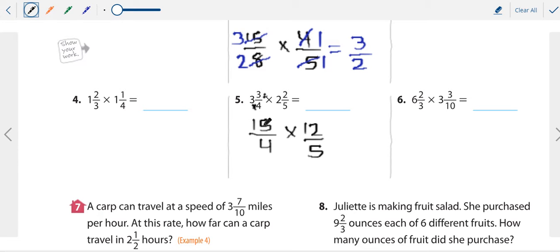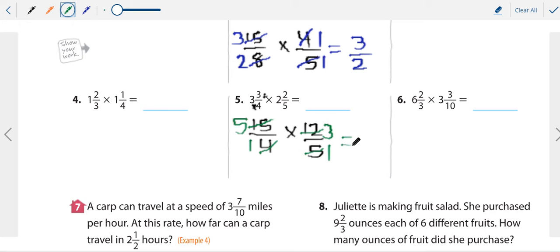So I can multiply these across. That's 15 times 12. If you want to do the work and multiply that, that's fine. It's whatever 15 times 12 over 20 is. But for me, I'm going to cross reduce. Let's use green this time. So 15 divided by 5 is 3. 5 divided by 5 is 1. 4 divided by 4 is 1. 12 divided by 4 is 3.